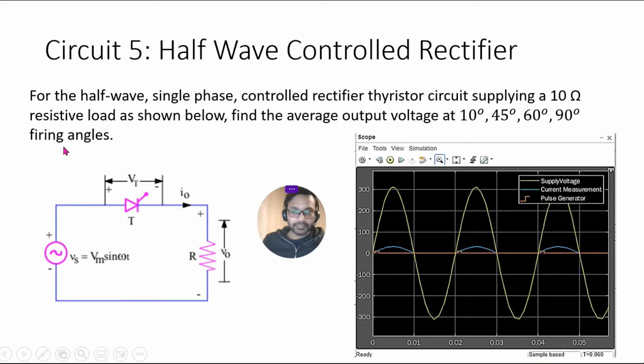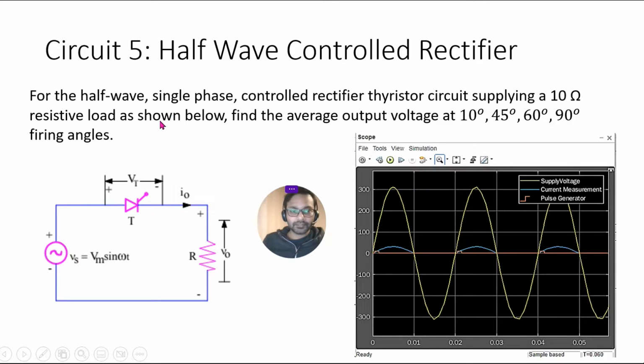So basically by applying a clock pulse at different angles, or we say firing angles, the rectifier can be triggered at different angles.